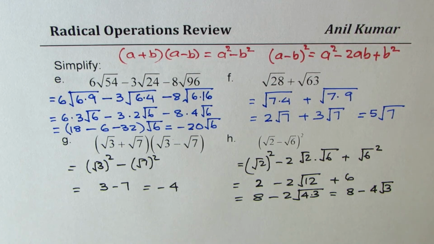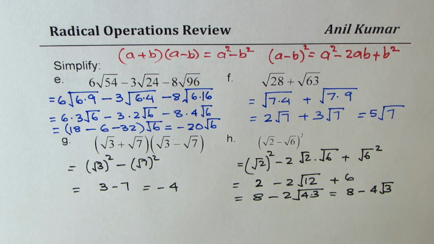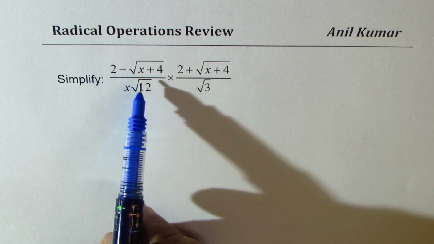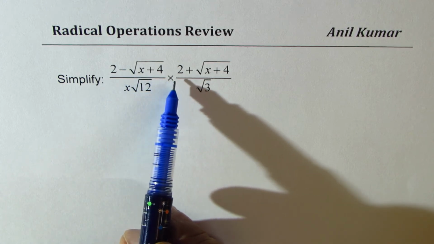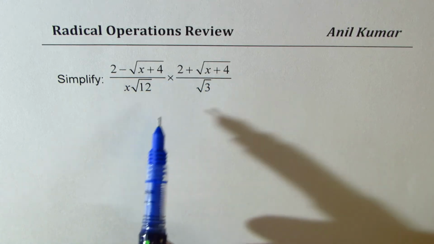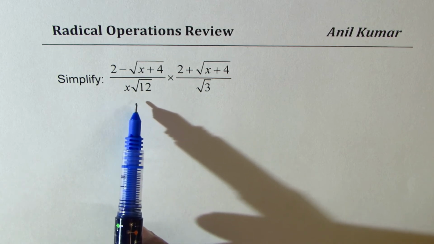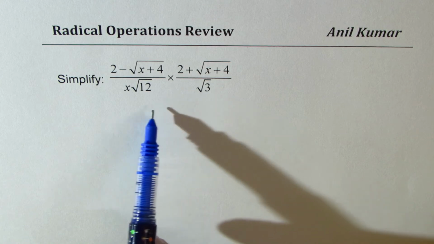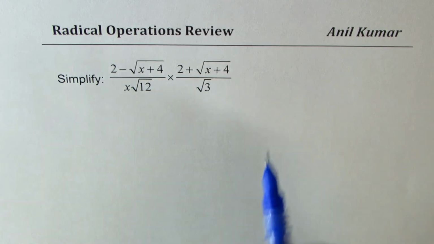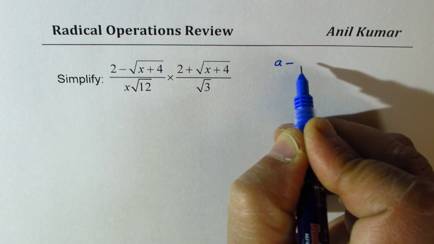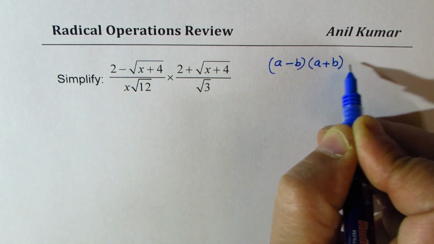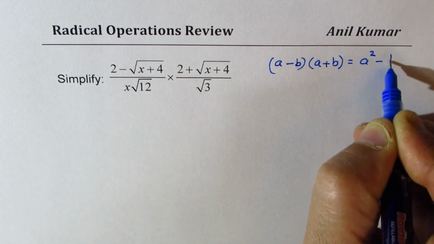Now let's take the last example, which is to simplify (2 minus square root of x plus 4) times (2 plus square root of x plus 4) in the numerator, and in the denominator we are going to multiply x square root 12 by square root 3. Now in the numerator again we can apply the formula (a minus b) times (a plus b) equals a square minus b square.